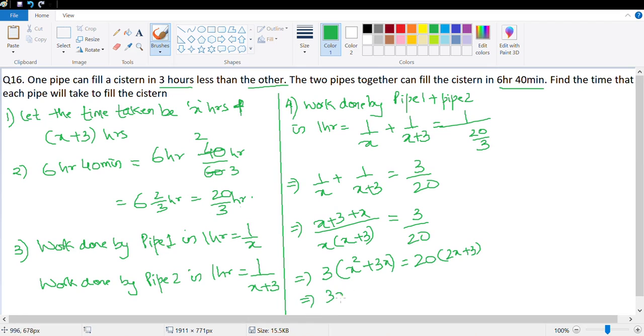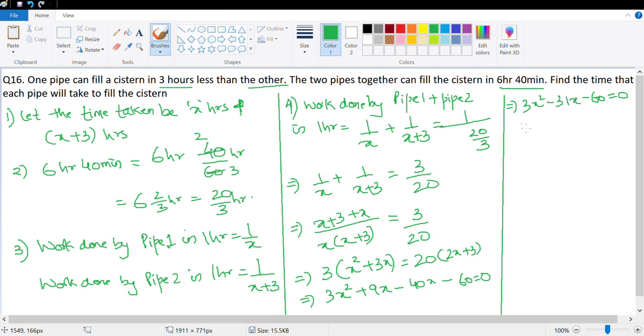This is 3x squared plus 9x minus 40x, 20 into 2, 40, minus 20 into 3, that's 60, is equal to 0. Okay, what does this give us? This tells us 3x square 9 minus 40, that's negative 31, minus 31x minus 60 is equal to 0. Yes, that's correct.